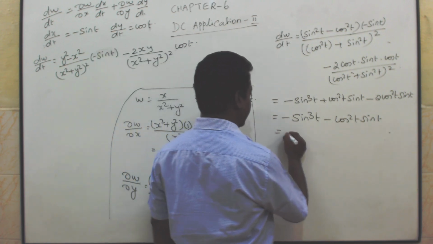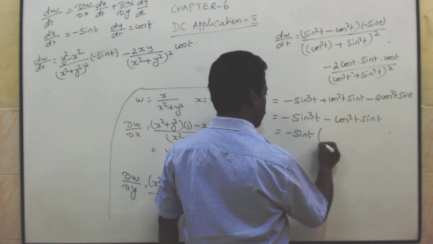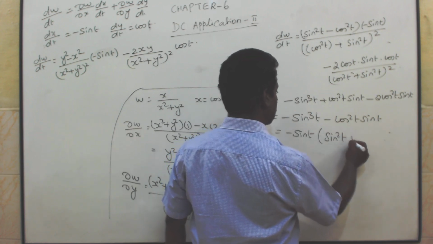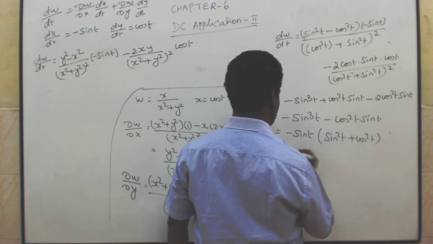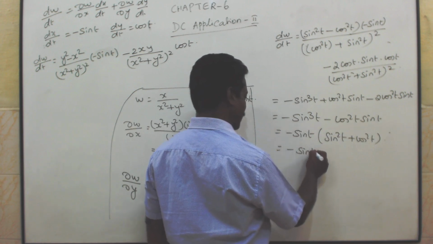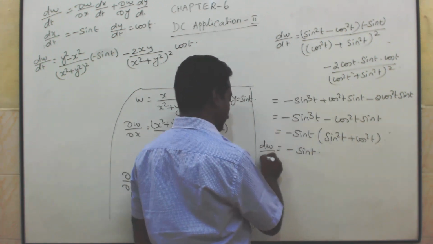Minus sin t common taken out. Sin square t plus cos square t, the answer is minus sin t. This is dw by dt.